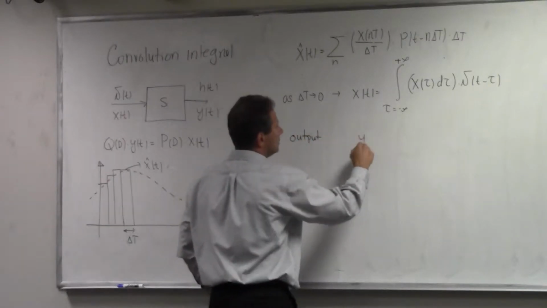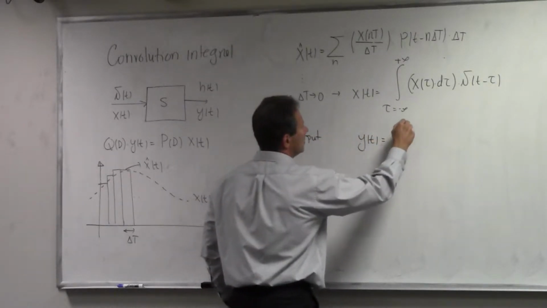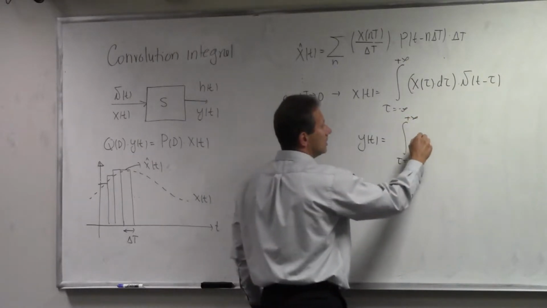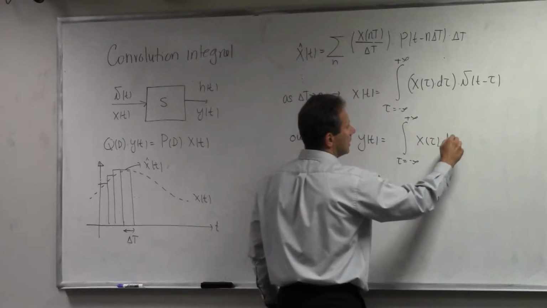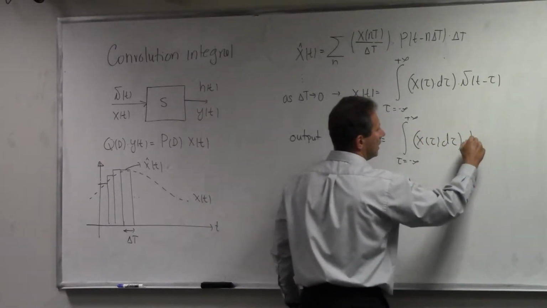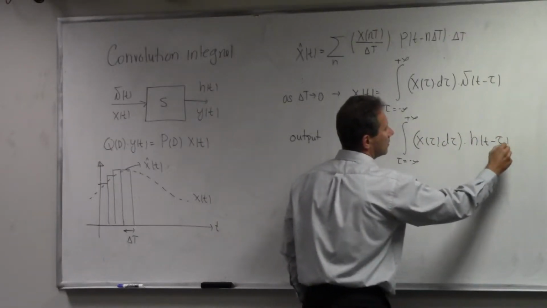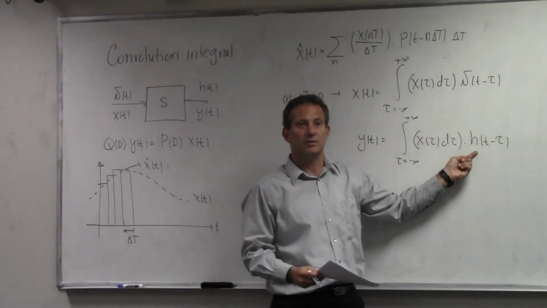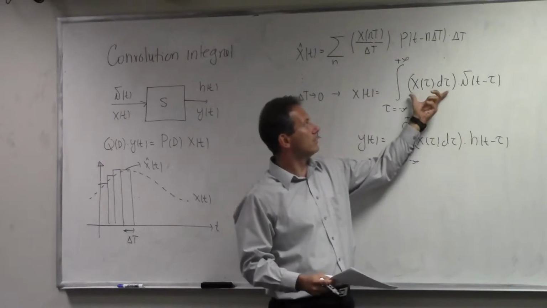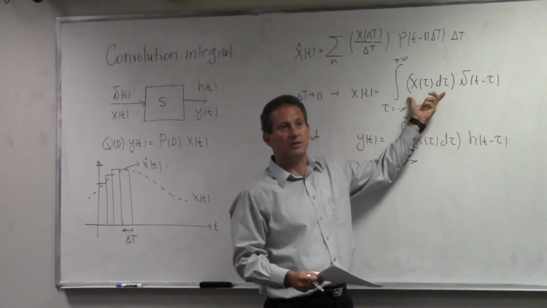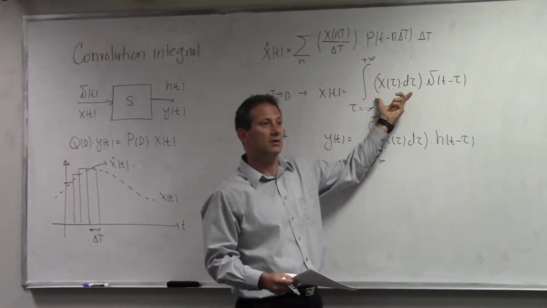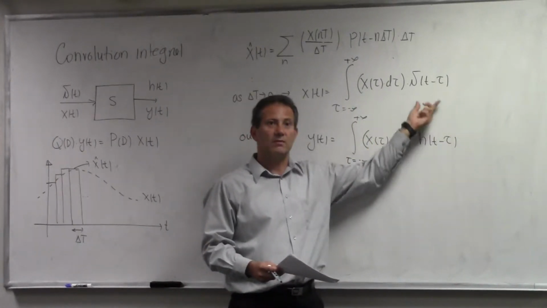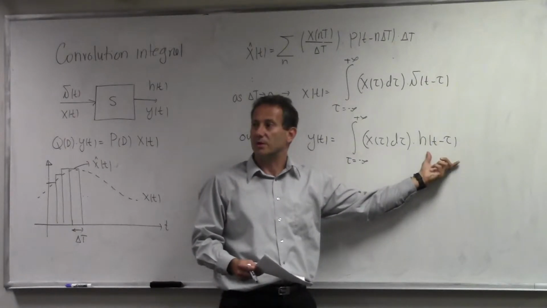We're saying that y of t is going to be the integral, when tau goes from minus infinity to plus infinity, of x of tau d tau times h of t minus tau, right? Because every one of these impulses creates an impulse response, scaled by the magnitude of the input impulse, and the magnitude is x of tau d tau. For every one of the impulses, you get an impulse response.